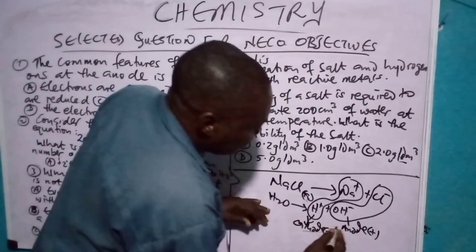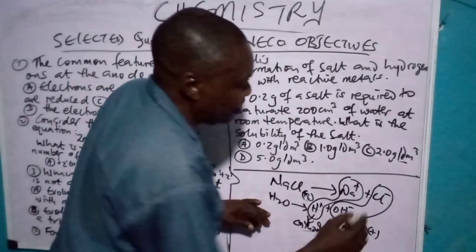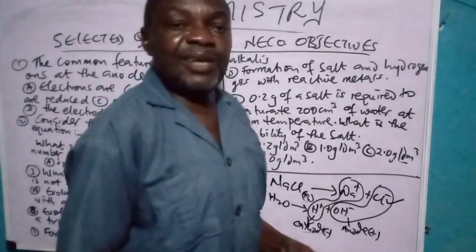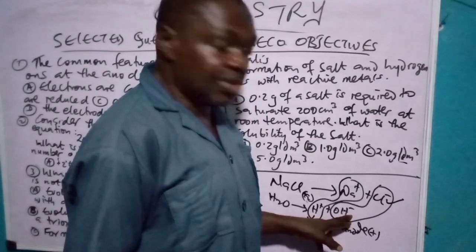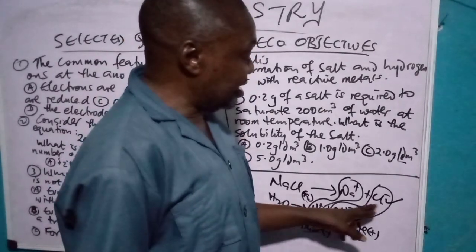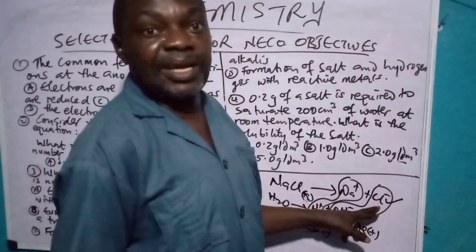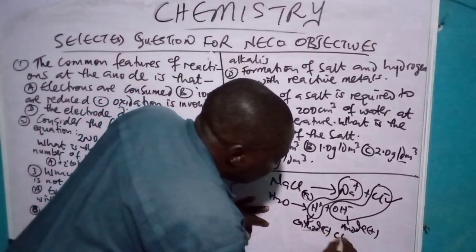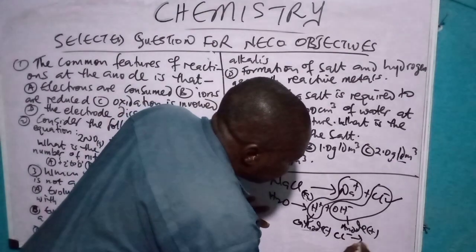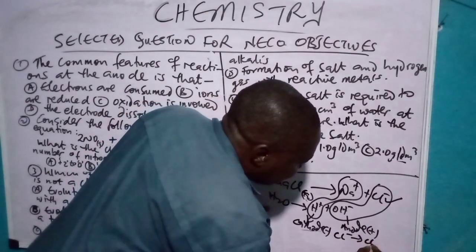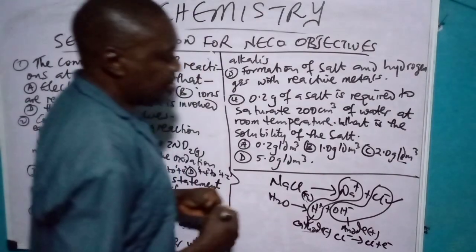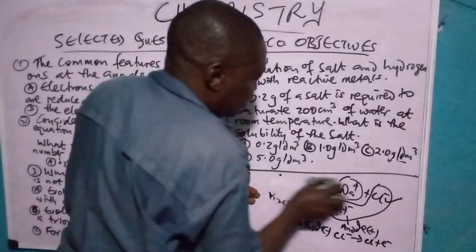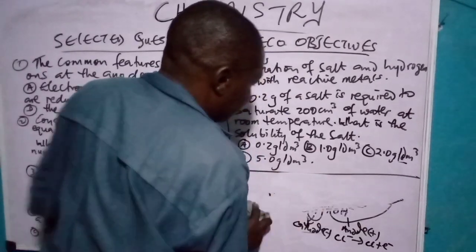So at the anode, because it is concentrated, we are going to use chloride ion because the concentration of the ions is enough. The OH- is too little because we are dealing with concentrated solutions. So the chloride ion is sufficient, so Cl- is discharged. We release the electron. Because of the high concentration, chloride ions will be discharged.